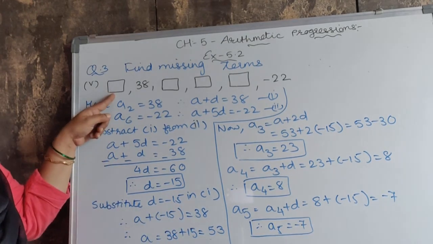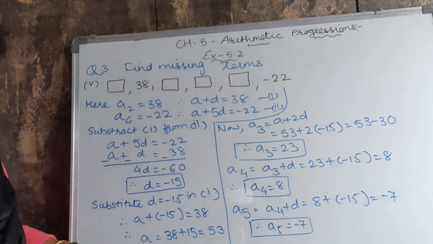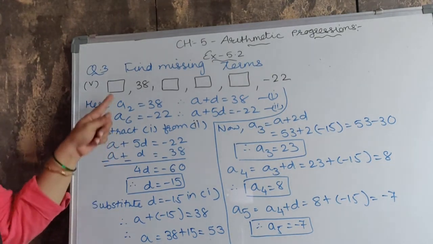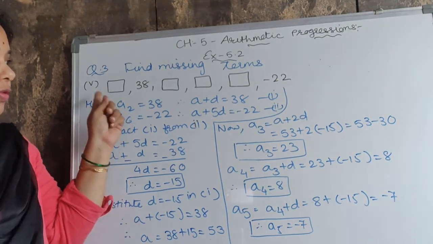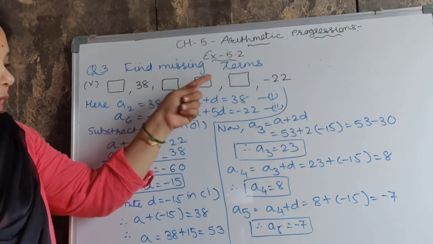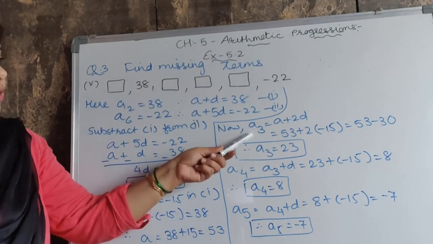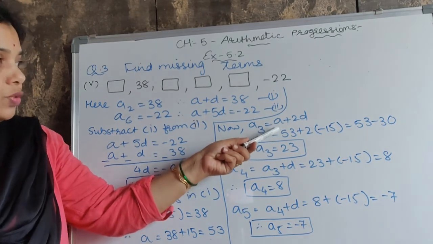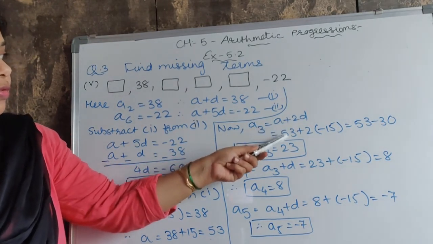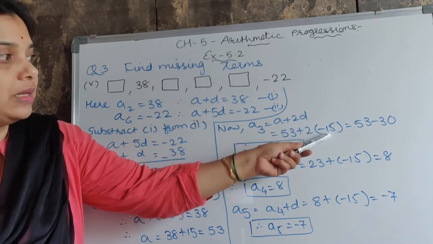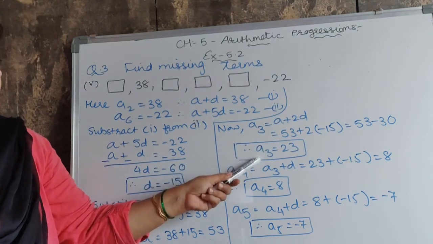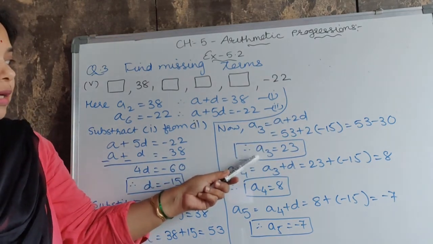Value A means it is the first term. By getting the first value, we can easily get the third, fourth and fifth values. So A3 is again what? A plus 2D. So 53 plus 2 times minus 15. So finally I got A3 is equal to 23.